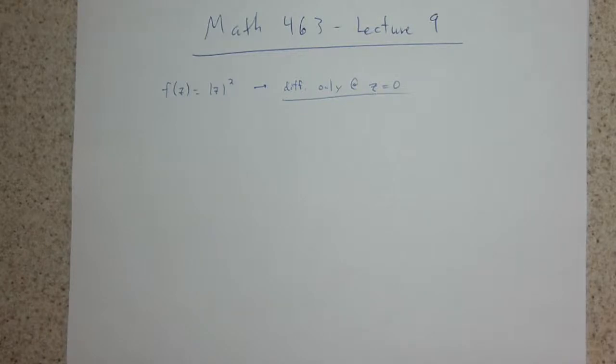Now, it would be nice if we had maybe a convenient way of characterizing differentiability without having to go through all of those arguments in the style that we were doing yesterday.